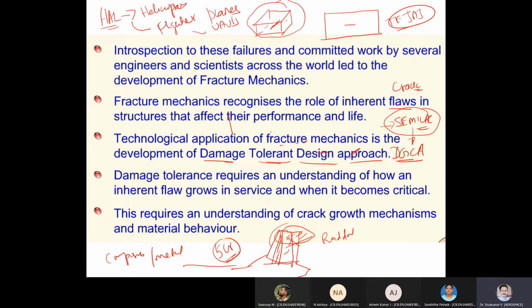That means this has to be replaced once in this many hours. The tire has to be replaced every day, or after that particular flight has flown a particular time. Likewise, components you have to replace, whether it is intact or not.